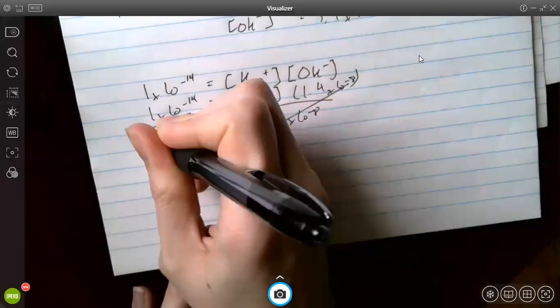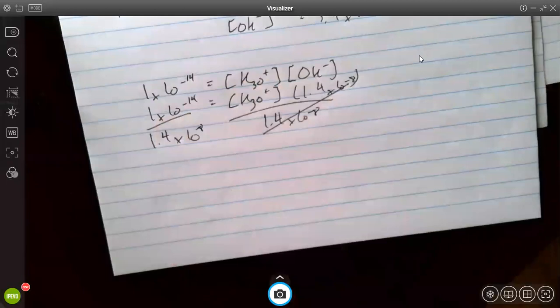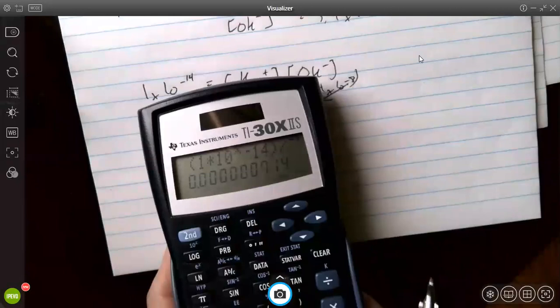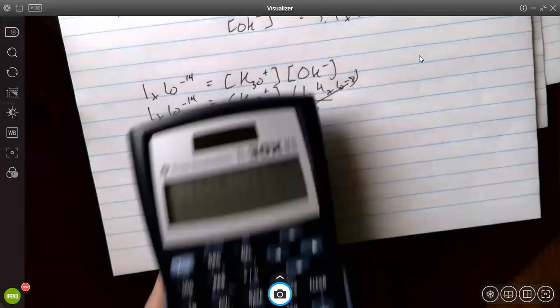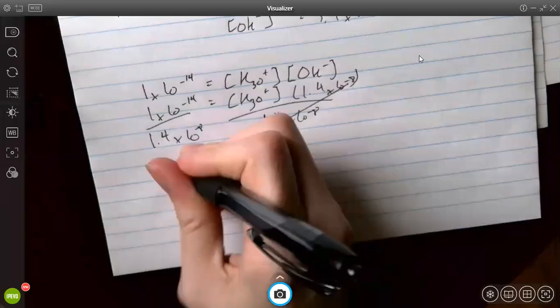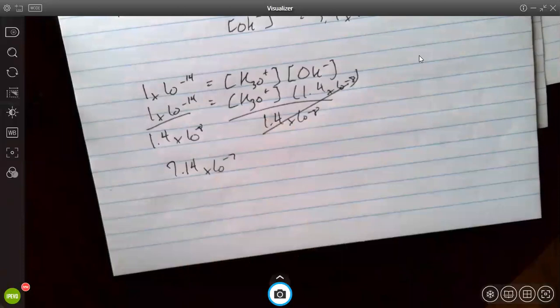What we do to one side, we have to do to the other. And if you type that all into your calculator, you should get 7.14 times 10 to the negative 7.